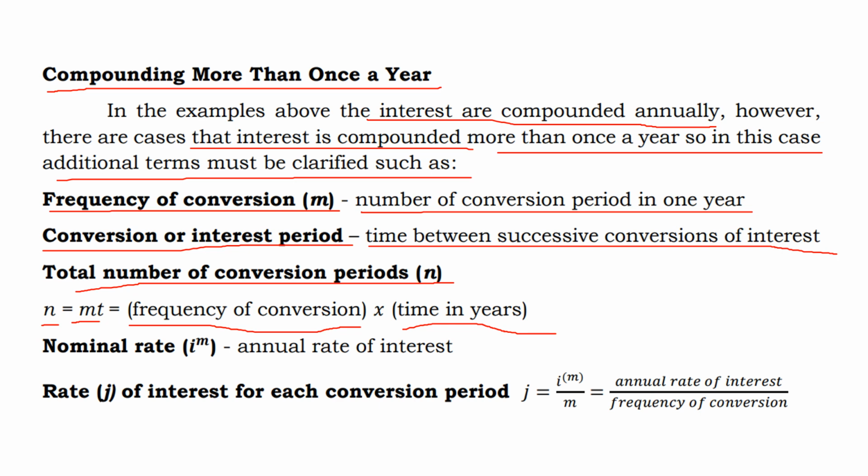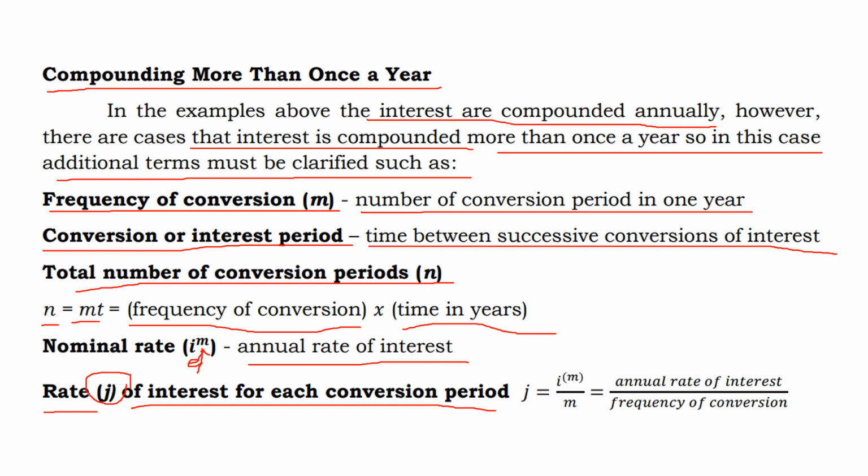The nominal rate. The nominal rate is i. That will be your annual rate of interest. And your m, what is your m? The frequency of conversion. Now, we use j to represent the rate of interest for each conversion period. So it's a different thing.